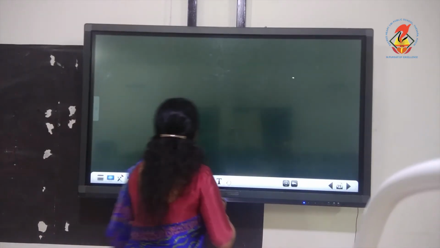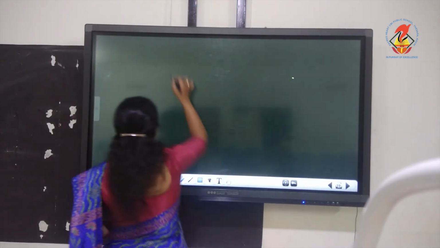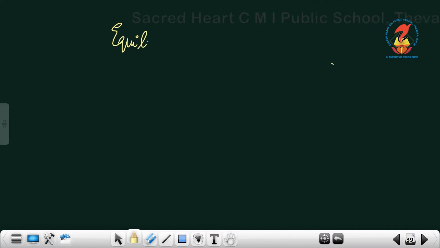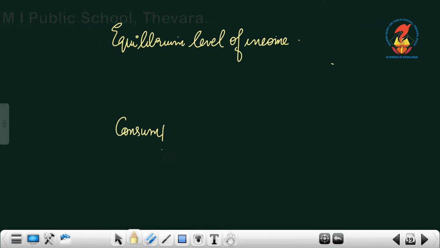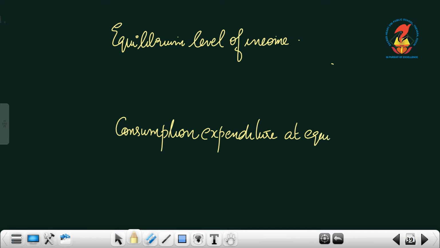First, the equilibrium level of income, and second, consumption expenditure at equilibrium level of income.